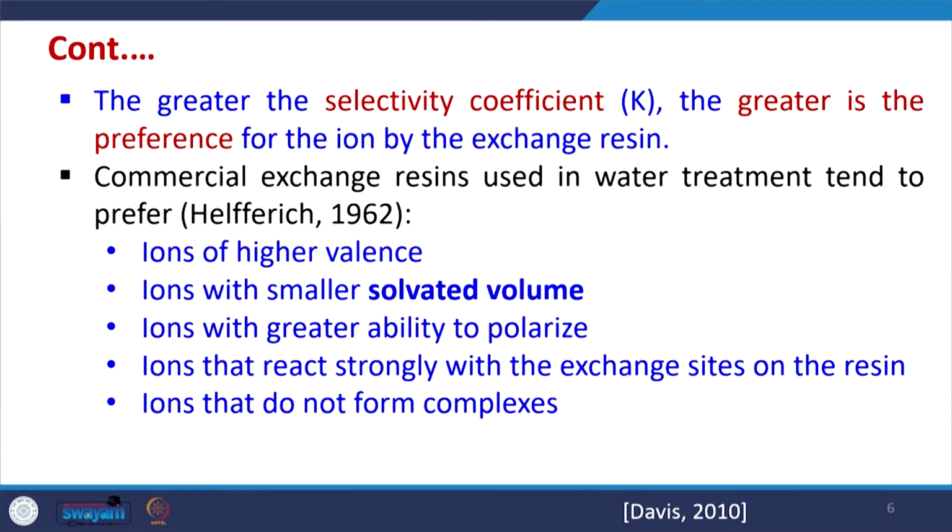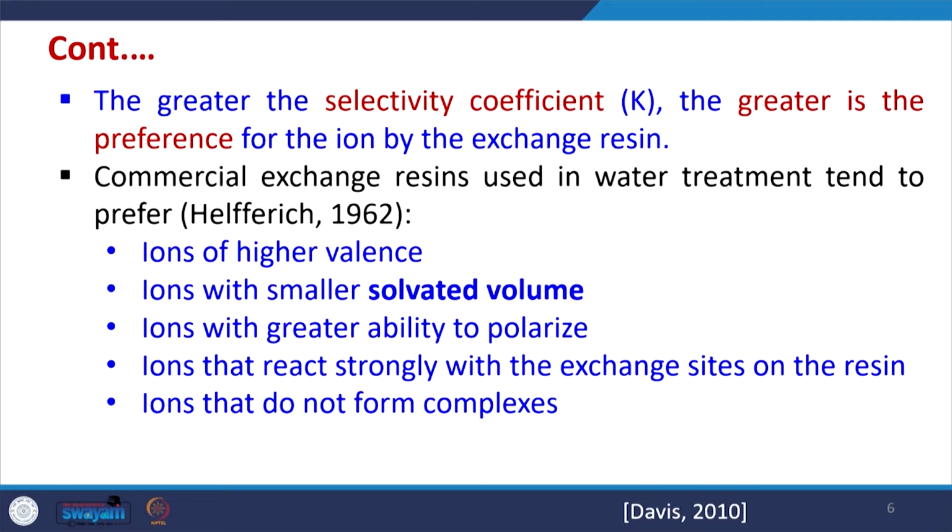So, we always want a resin which has more selectivity towards the ion that we want to remove. This is what we will always desire. Now, the commercial exchange resins used in water treatment tend to prefer certain categories of ions which have higher valency.